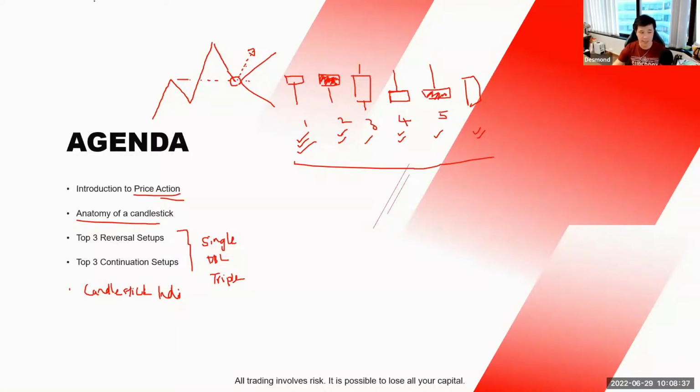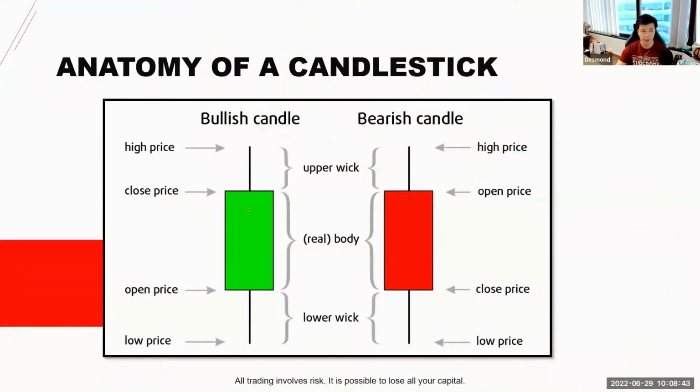Okay, now let's continue from here. The next thing I'm going to focus on is the anatomy of a candlestick. We have a bullish candlestick and a bearish candlestick. What I need you to know is that this is where price opens, the open price.